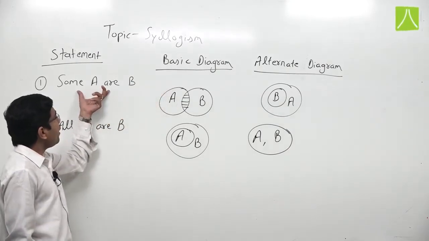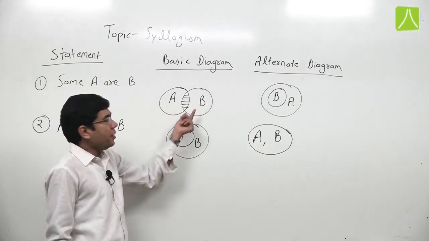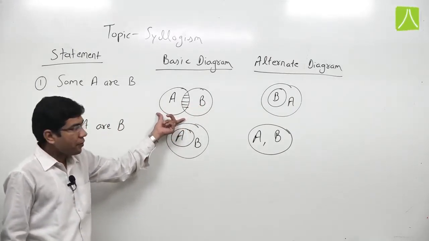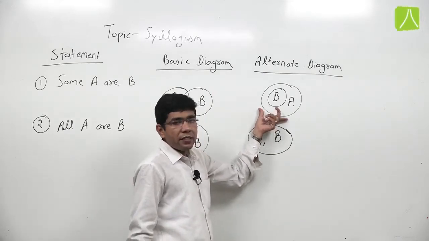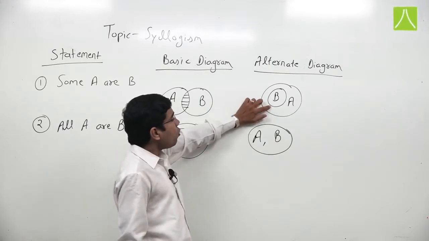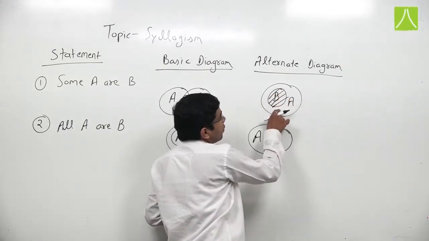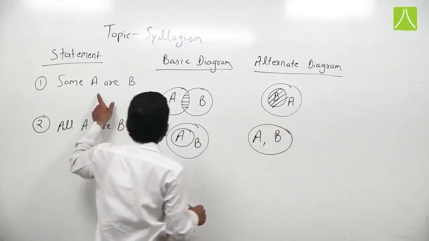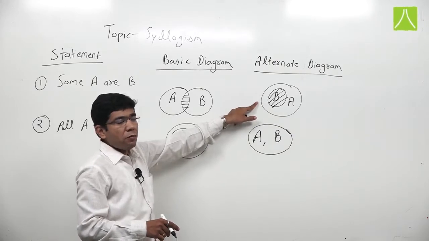Here some A are B means some part of A is related with B, which is shown in this diagram. But this diagram can also be drawn by this. In this diagram, this statement is also correct. Here also we can say that the A in this portion are also B, which means some A are B can be drawn by this diagram also.